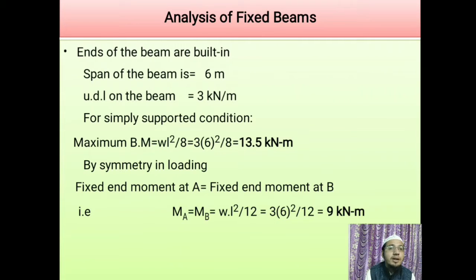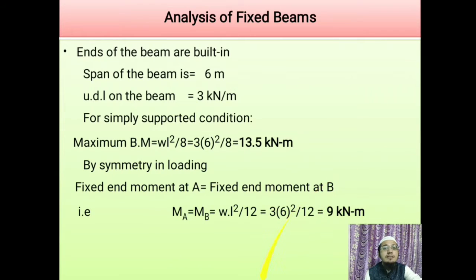Simply put the values. W is 3 kilonewton per meter and span is 6 meter. 3 into 6 square by 12, you will get the maximum negative moment, that is hogging moment at the support, as 9 kilonewton meter. So what we have got: maximum bending moment in simply supported condition, and fixed end moments MA and MB as 9 kilonewton meter.